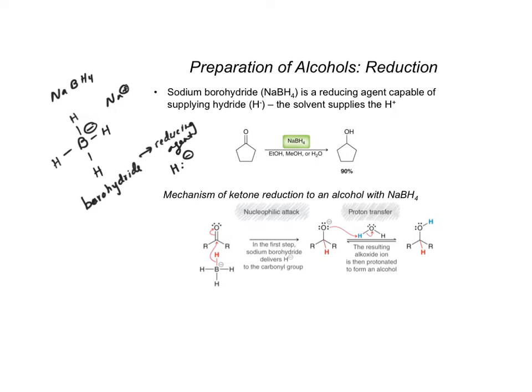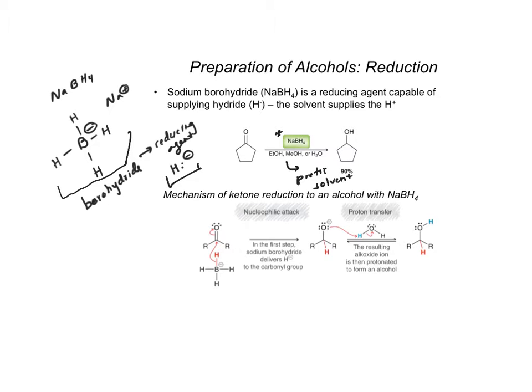Okay, so we're going to talk about the mechanism in a second. I'm also going to mention why, as a source of hydride, we have to use this guy as opposed to just hydride by itself. So this is essentially a 2-step reaction. It's the reduction via borohydride, but then there has to be a proton transfer step. So our reagents here are sodium borohydride in the presence of some sort of protic solvent.